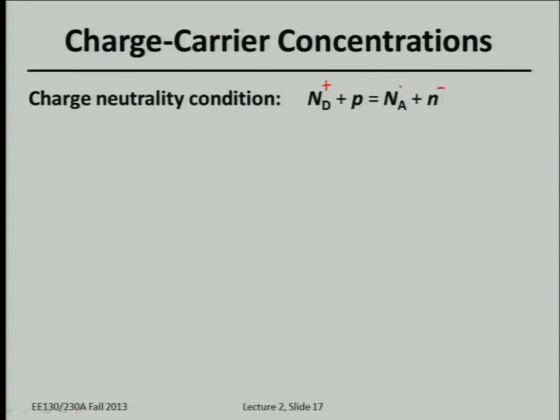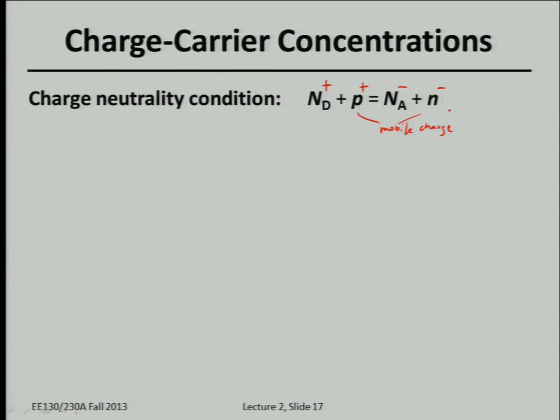Every time an acceptor accepts a covalently bonded electron from the neighbor, it becomes negatively charged, and that process creates a hole that's positively charged. So we have some mobile charge, and you have immobile charge. The ionized donors and acceptors are immobile, so only the mobile charges contribute to electrical conduction.